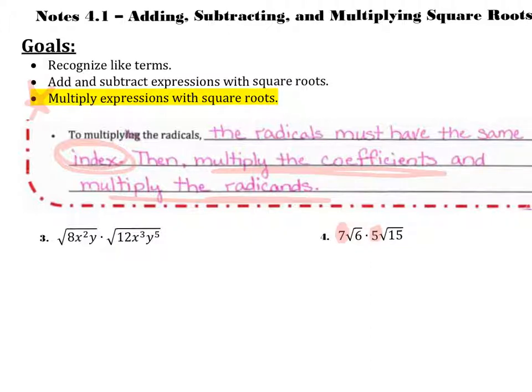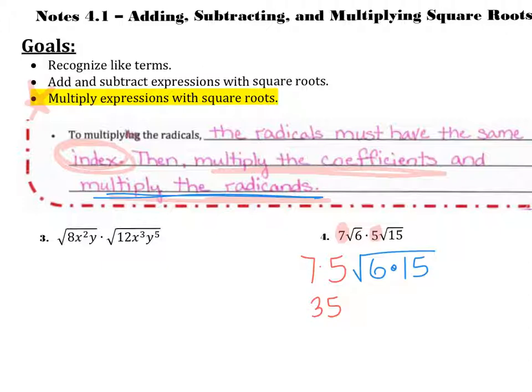So I am going to start with multiplying 7 times 5. Or, better yet, we can write that as 35. Now the second part, remember, we need to multiply the radicands. So that's the part underneath the radical, so I'm going to multiply 6 times 15.